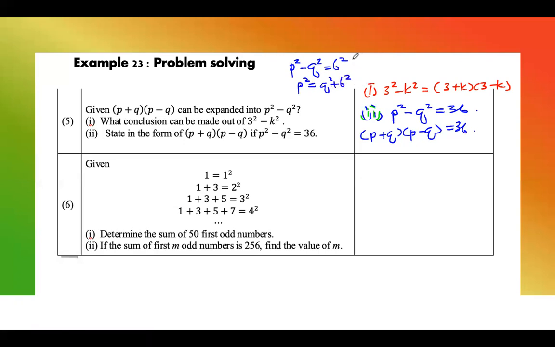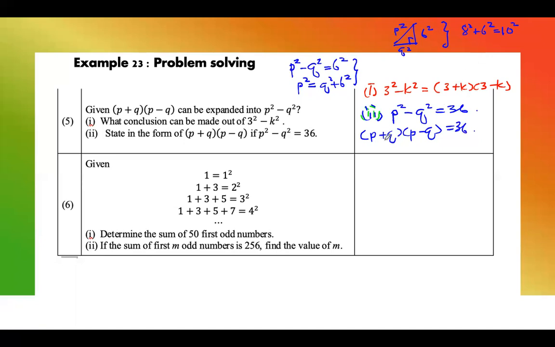If you remember Pythagoras theorem, what number squared plus 6 squared becomes p squared? This one is actually 8 squared plus 6 squared equals 10 squared.